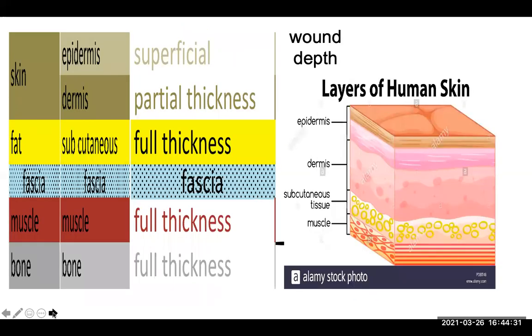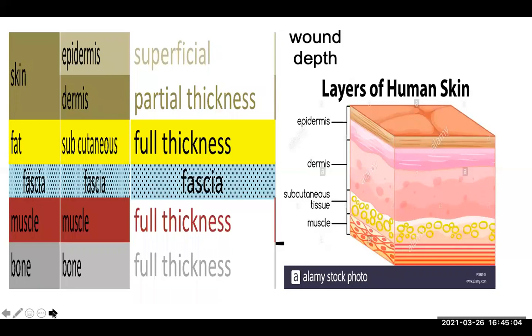And here are examples again for you to compare all the different types of wounds we've talked about so far, starting with the pressure ulcers, and how we defined depth of those wounds compared to the other wounds we're talking about now. Superficial involves the epidermis, partial thickness involves the dermis. Anything below the dermis is considered full thickness.